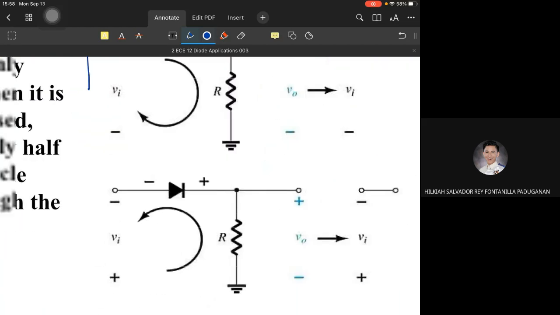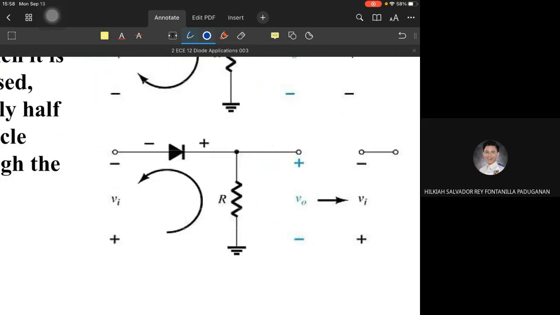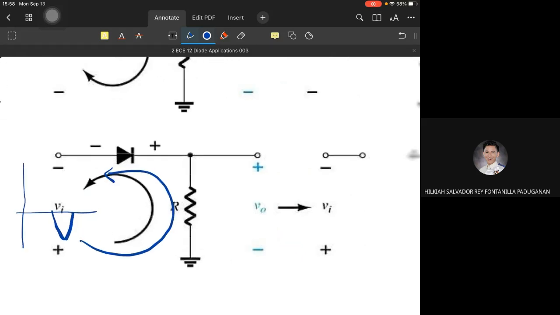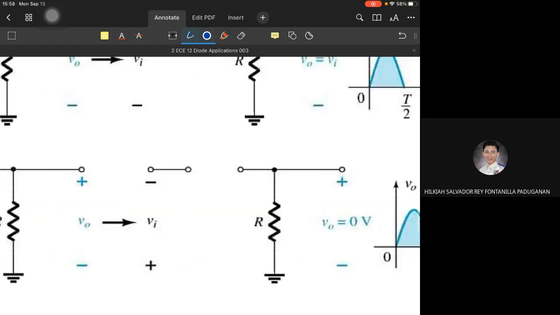But if the input is negative, meaning the current will flow in the opposite direction. So if current flows in the opposite direction, our diode is an open circuit.